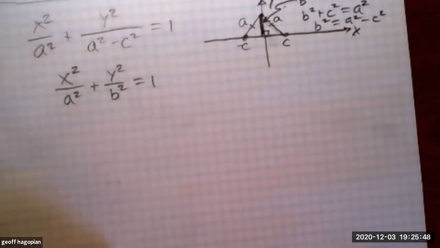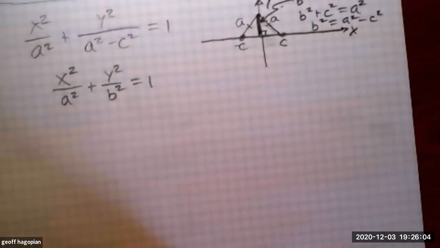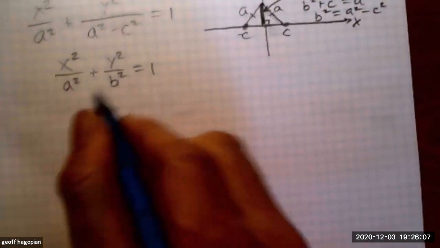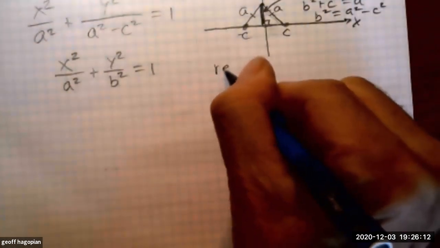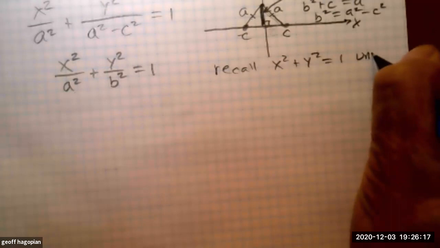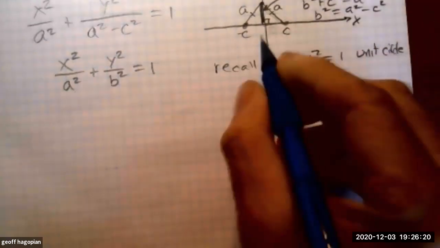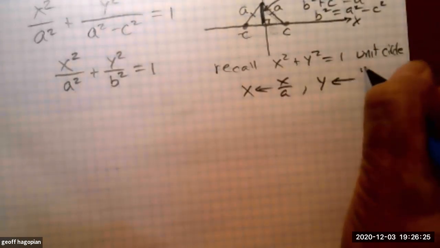Because if you think back to what we learned about transformations, you can stretch horizontally by replacing x by x over a, or you can stretch vertically by replacing y by y over b, right? This is sort of like if you took the unit circle, x squared plus y squared, and replaced x by x over a and y by y over b.